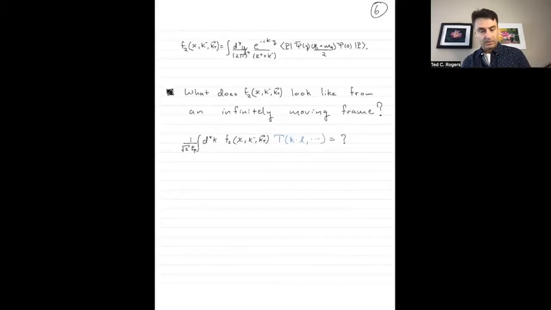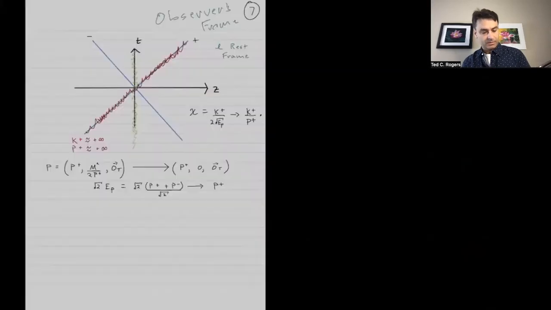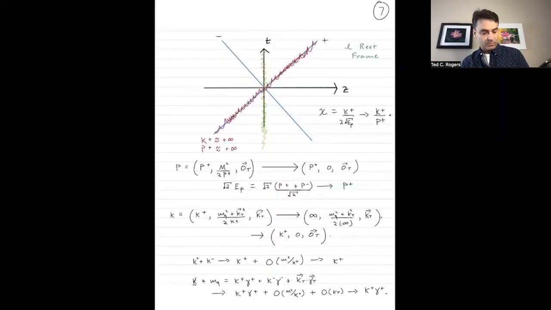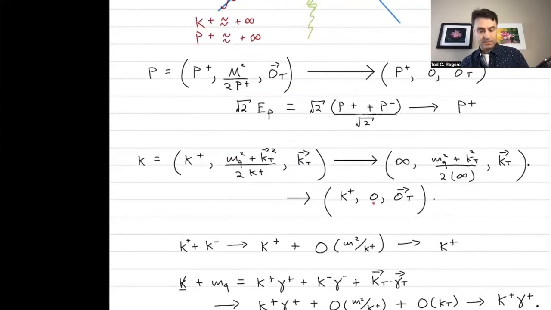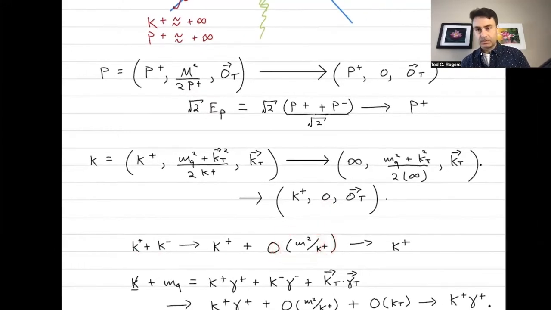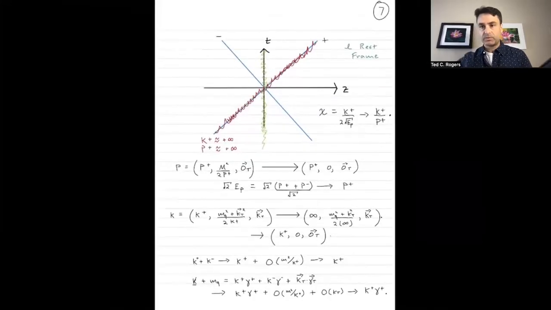Well, if the wave function of the hadron is keeping all the K pluses close to infinity and K minus essentially negligible, then we can just say the K minus is 0 and K plus K minus becomes K plus. And we'll drop these corrections that go to 0 very quickly as K plus goes to infinity, as we boost to a frame where the proton is moving very quickly along the Z direction.